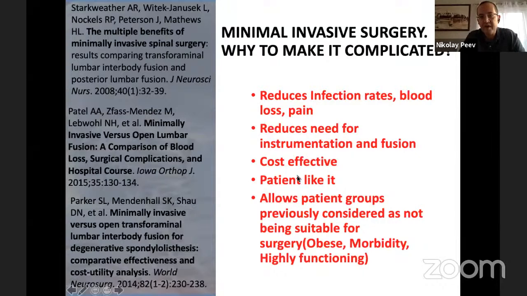Patients will like it. They ask for it, and it's very popular among the patients. And it will allow you to operate on patients that previously you would not consider because of being very obese, having morbidities, and high functioning patients as well.